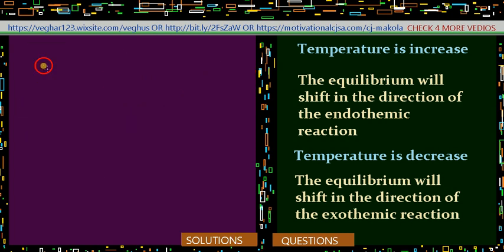Let's say now they decrease the temperature. In an endothermic statement, delta H is positive, which means the forward reaction is endothermic.